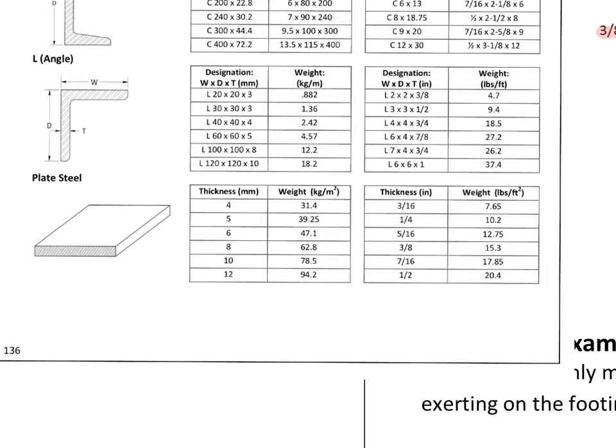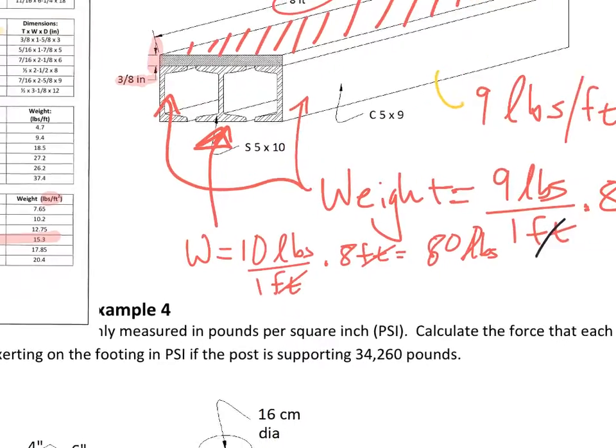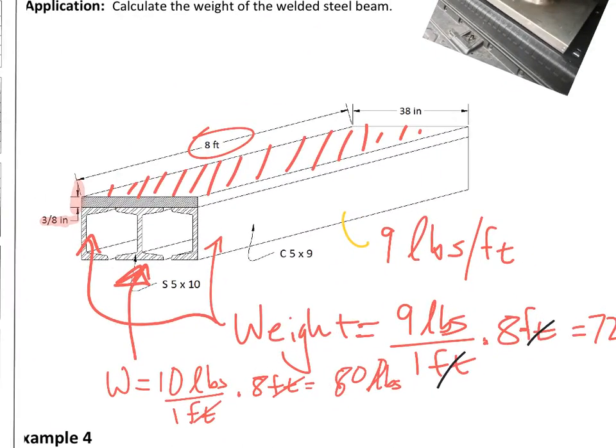And our plate steel that's 3/8 inch thick is going to be 15.3 pounds per square foot. So we need square feet. Square feet is area, so we got to find the area of this, and that'll give us the weight. So it's 15.3 pounds per square foot. So we need the area.